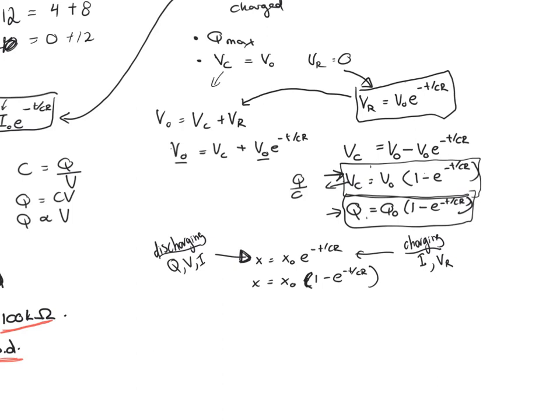And this expression is only for charging, and it only works for the potential difference of the capacitor and the charge stored on the capacitor. So be very, very careful.